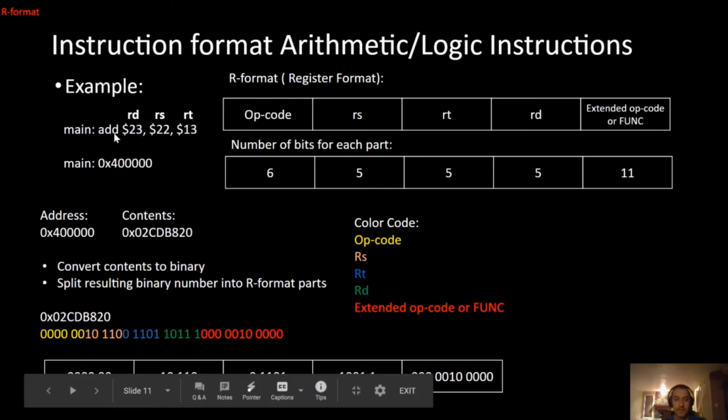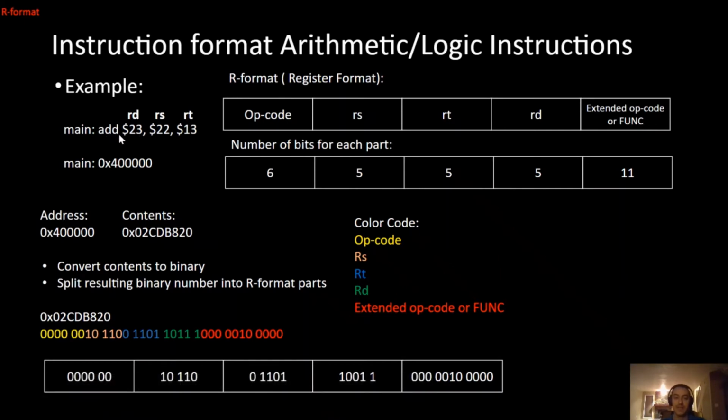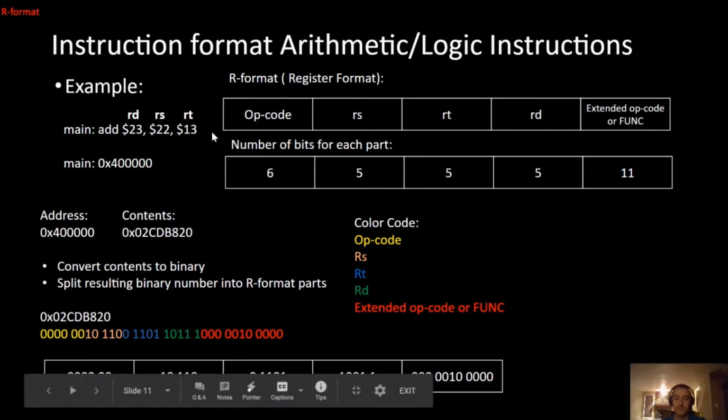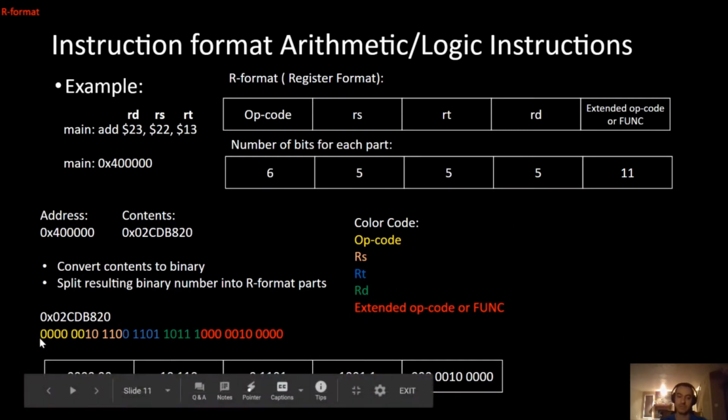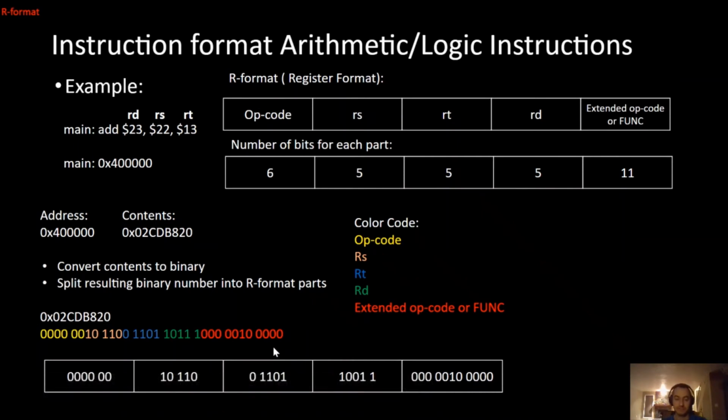So let's continue and look at how this is actually converted. We already looked at this pattern. All we have to do is fill in each part of the pattern to get to this final number.